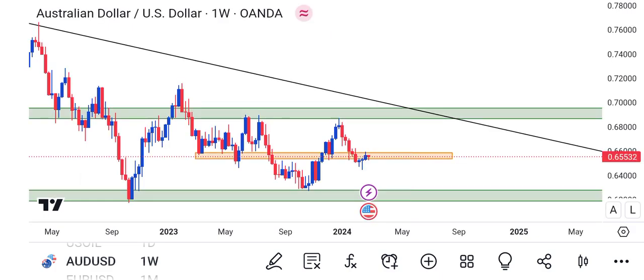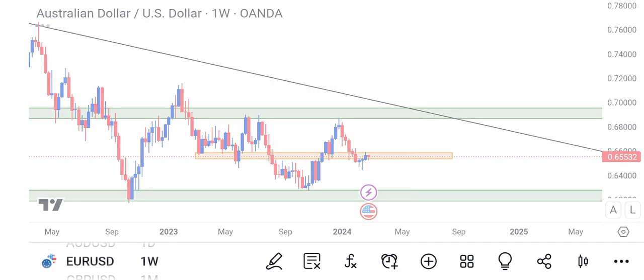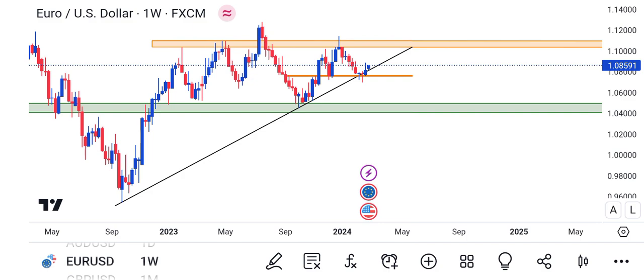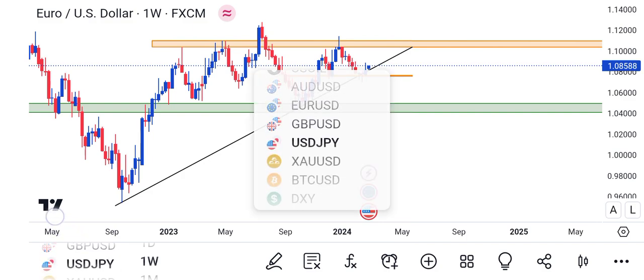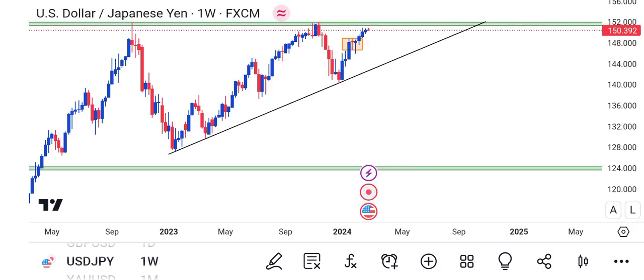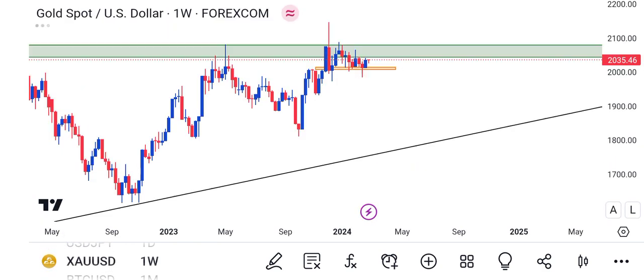Okay, AUD is bearish. EURUSD is bullish. GBPUSD, indecision. USDJPY is still 50-50, no direction for now. And gold is bullish, even though there is no direction for now, but overall, we're bullish.